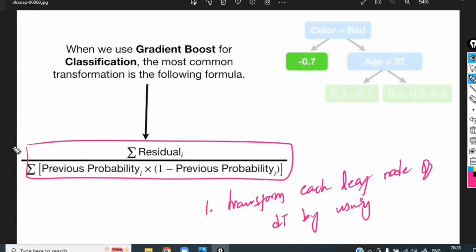Write the formula: sigma of residual divided by sigma of previous probability into 1 minus previous probability. Transform each leaf node of the decision tree by using this one.